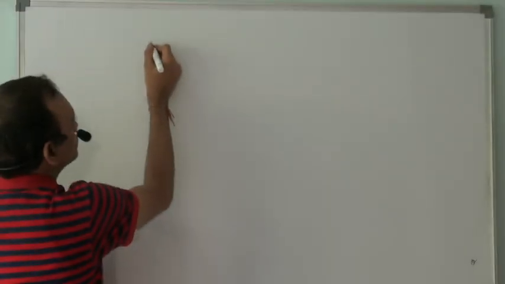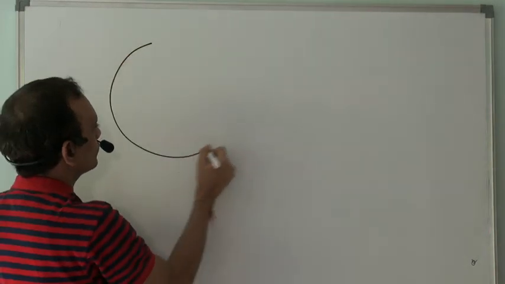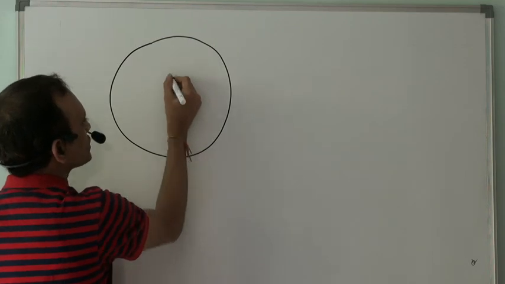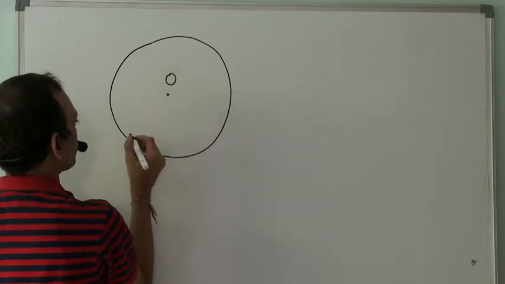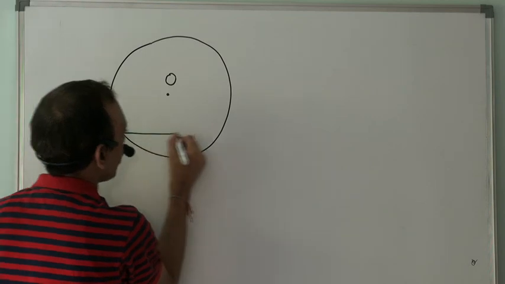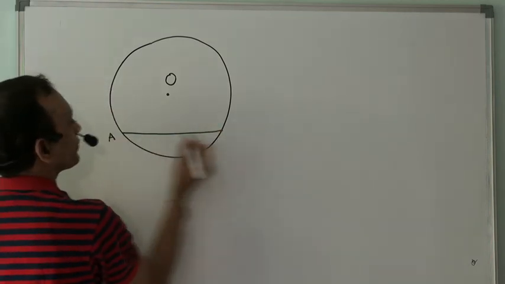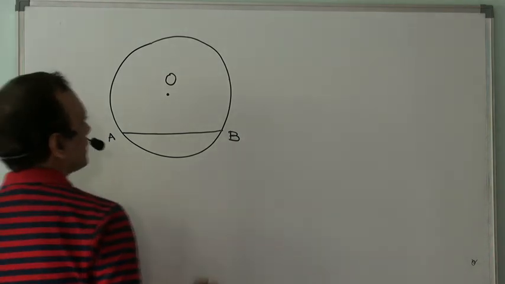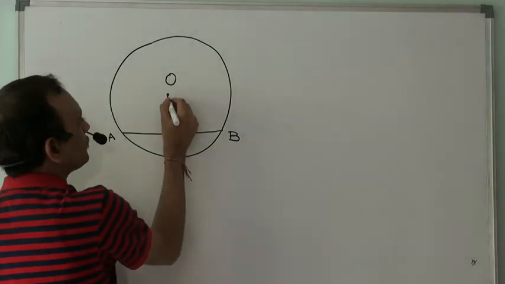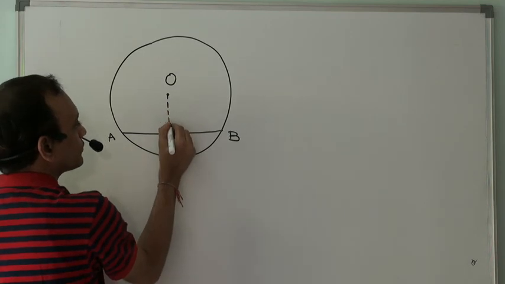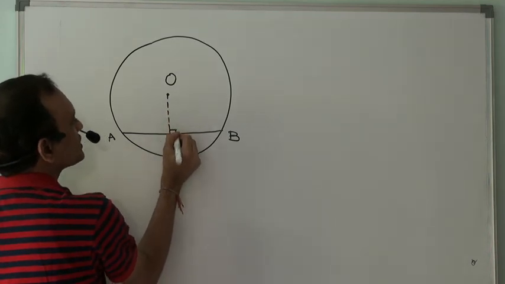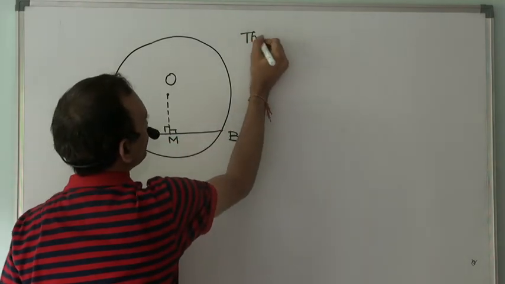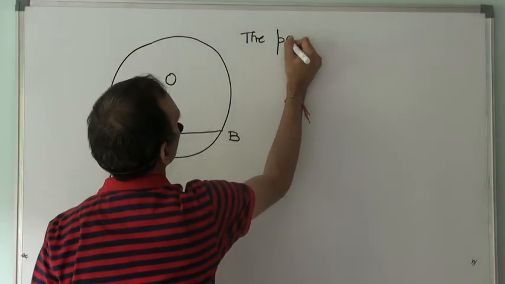If this is a circle, let's say the center of the circle is O, and say this is a chord of the circle AB, then what we want to establish is that the perpendicular from the center to a chord, this is the perpendicular from the center to a chord OM, the perpendicular from the center to a chord must bisect the chord.